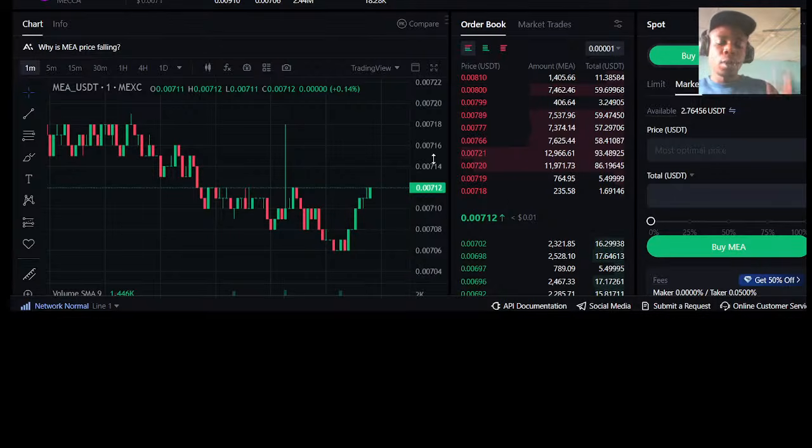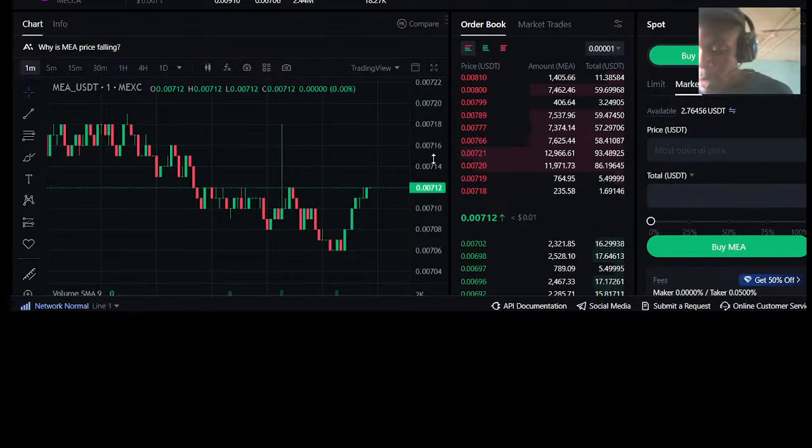So let's talk about the market context. That's like the big picture. Bitcoin and the market cycle set the tone for altcoins. We already talked about that earlier, that one of the things you should do before entering any trade is study the Bitcoin chart first, because it actually influences the altcoin.